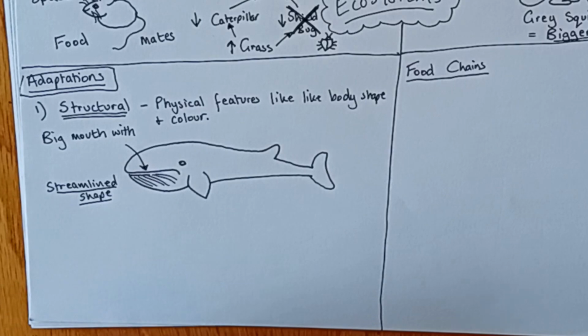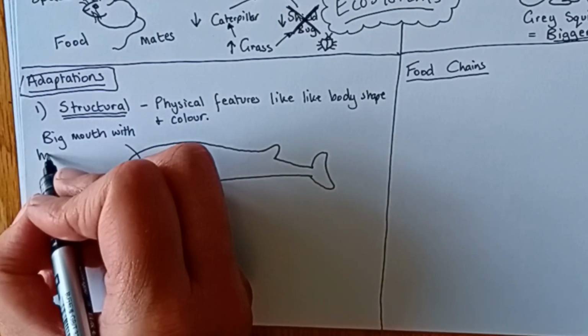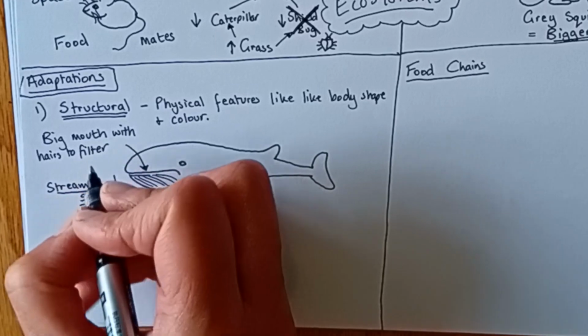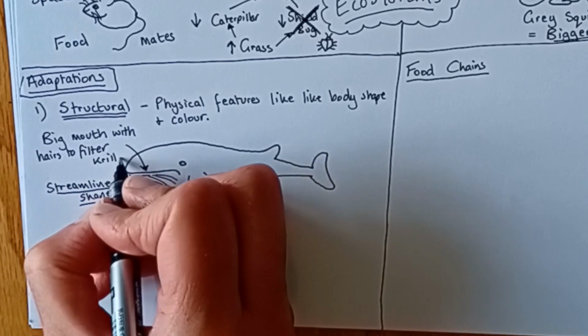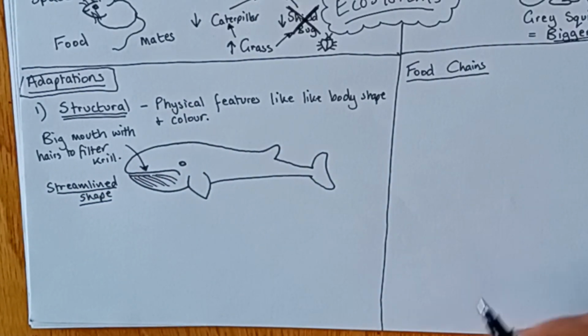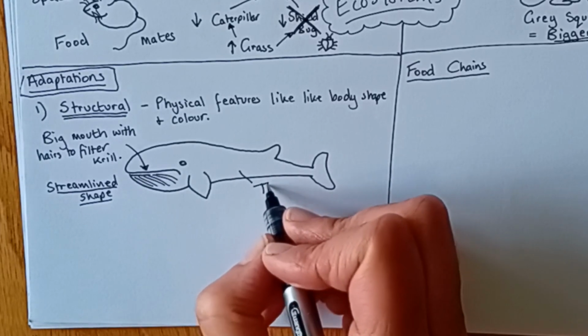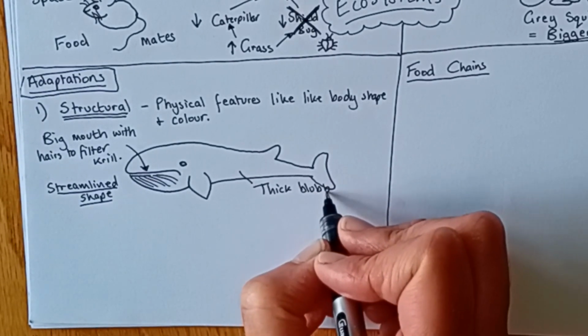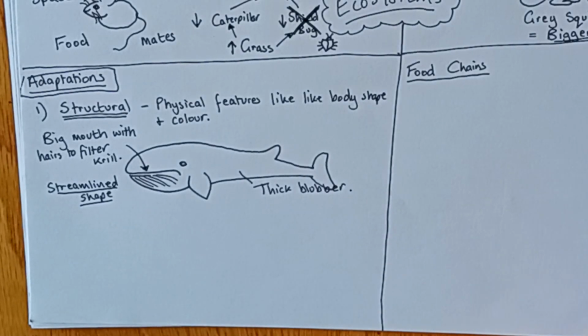Called a baleen whale. Big mouth with hairs to filter krill. Krill are little prawn type things. They've also got thick blubber to keep them warm in the cold seas. So structural adaptations are things like body shape and size and colour.